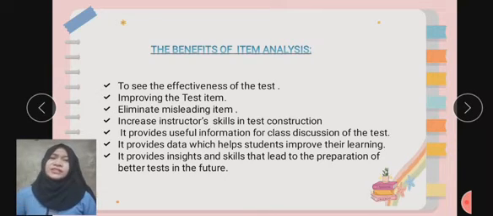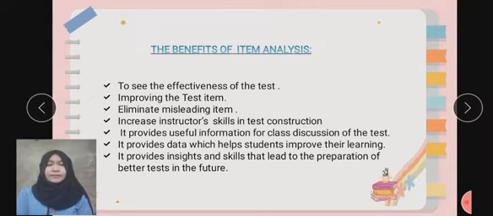But the question is, na-enhance ba yung skills niya? Kumbaga, tanungin mo yung sarili mo, kung masyadong madali, means hindi na-enhance yung skills nila. Kung masyado namang mahirap, too difficult, of course, pwedeng may mali doon sa questions mo, which is one of the purposes na kailangan mag-item analysis para itama yung mali.